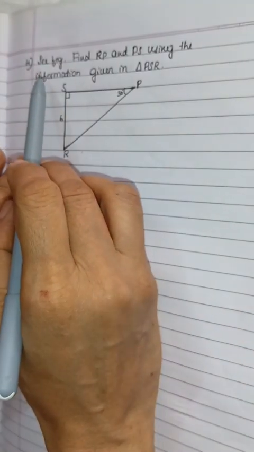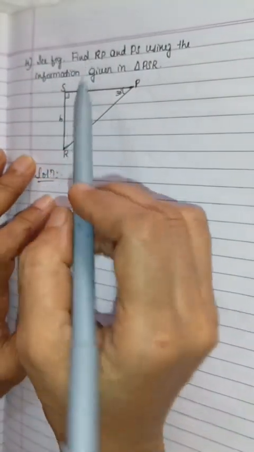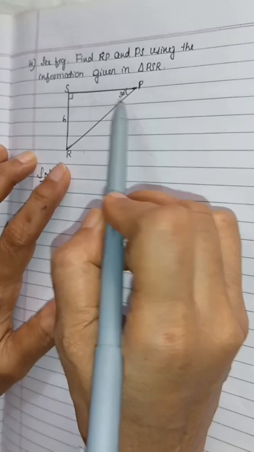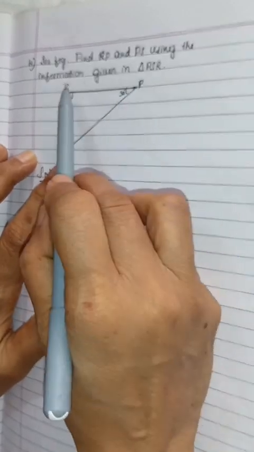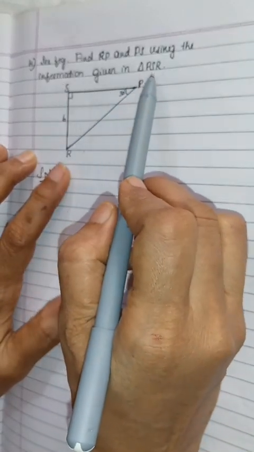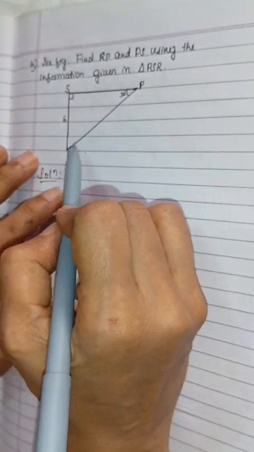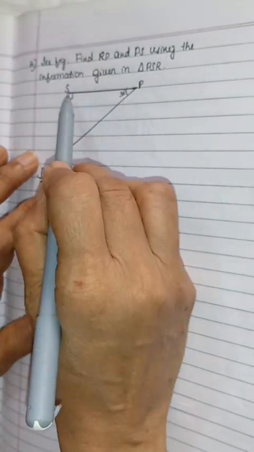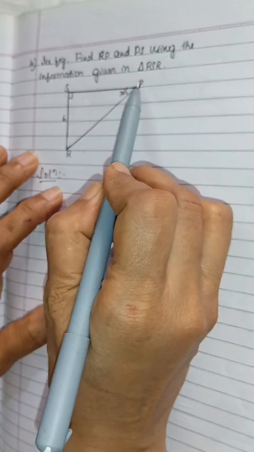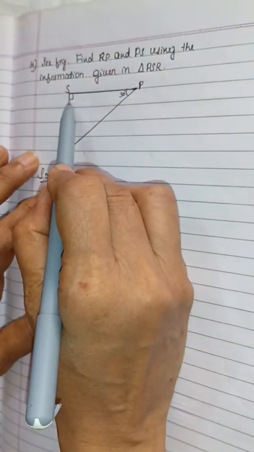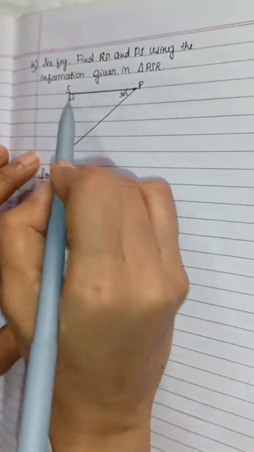Okay, fourth one is: see the figure, find RP and PS using the information given in triangle PSR. Okay, so in this figure, in triangle PSR, angle PSR is 90 degrees. Here it is, see, this is given.